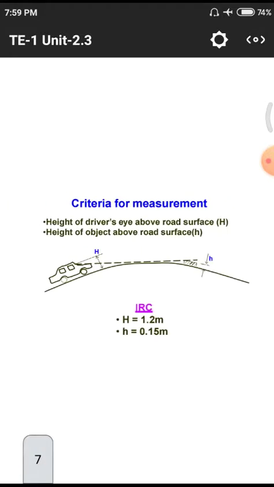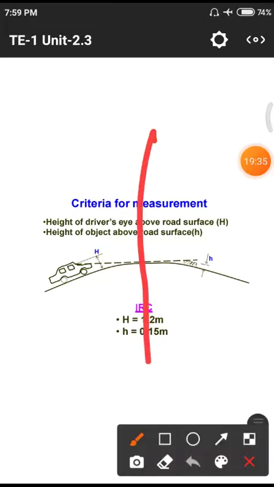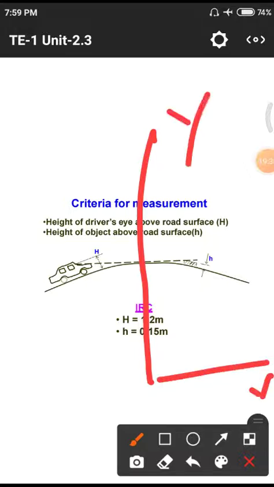Next is the criteria for the measurement. The vehicle is moving on a particular curve, that is a vertical curve, and I will explain with the diagram. We have an x direction and a y direction.